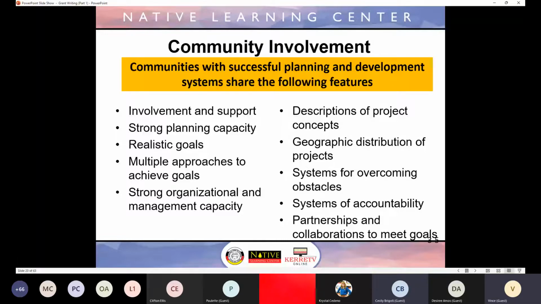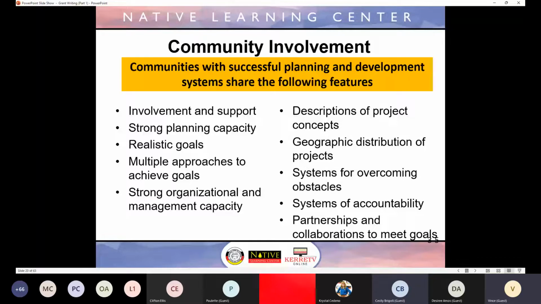And geographical information would be good. Systems of overcoming obstacles would be good if we can. These are some of the things, if we can pull this information out of the community. I know this is big picture. This would be wonderful if we could pull all of these things out of the community involvement, or at least a few of them, or one or two of them.